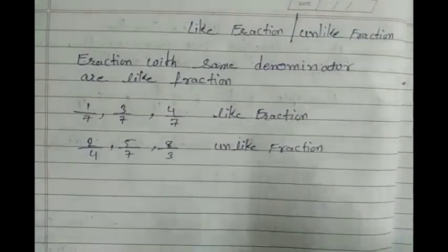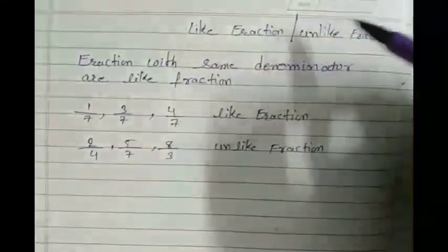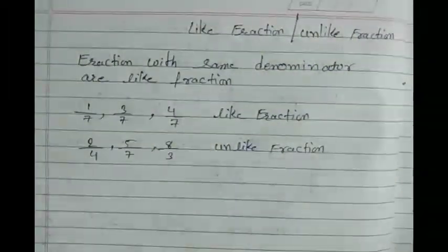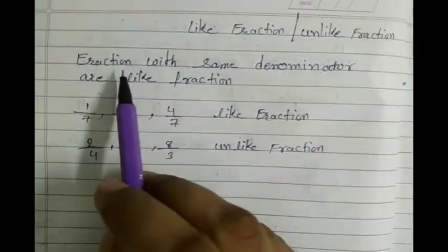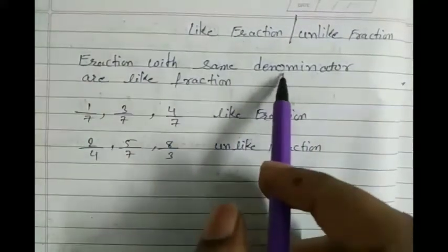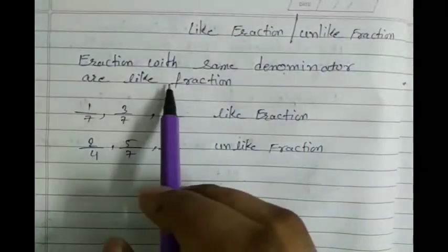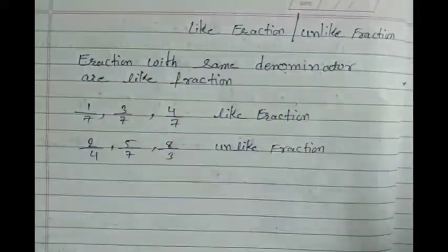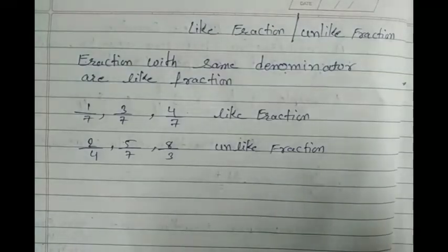Now next point, like fractions and unlike fractions. The fractions with the same denominator are like fractions, and the opposite of it, fractions with different denominators, are known as unlike fractions.